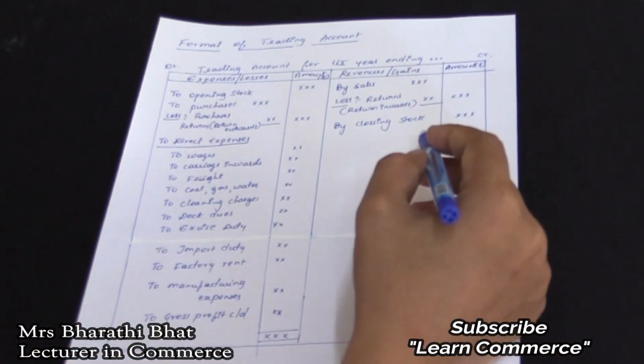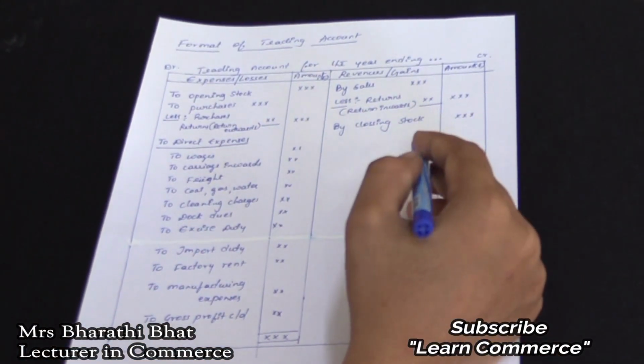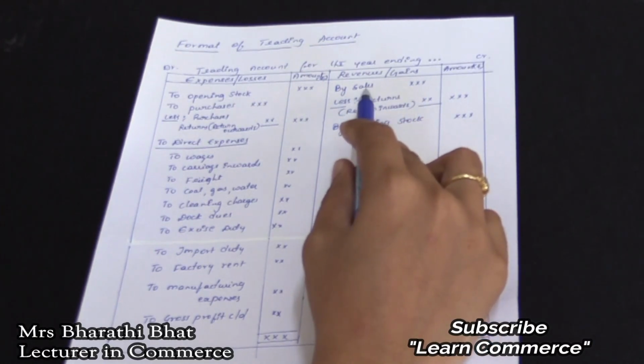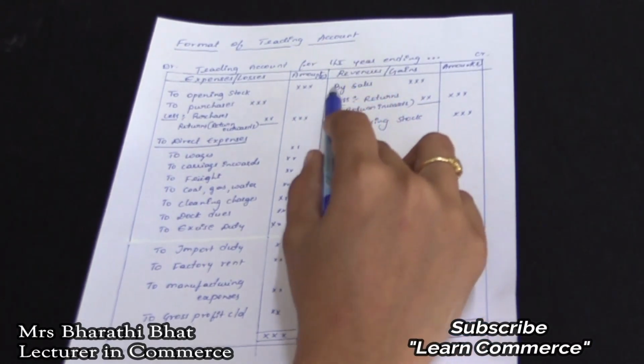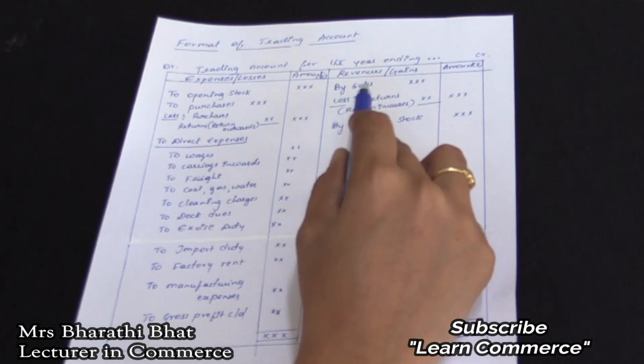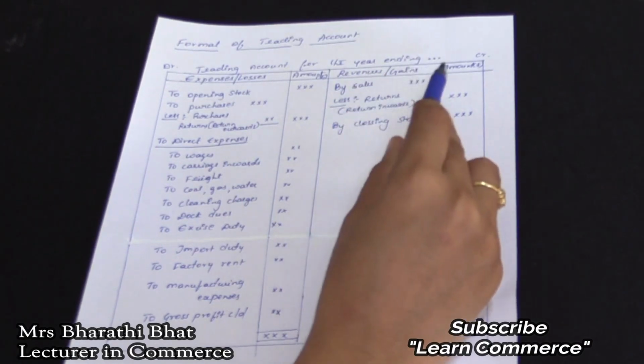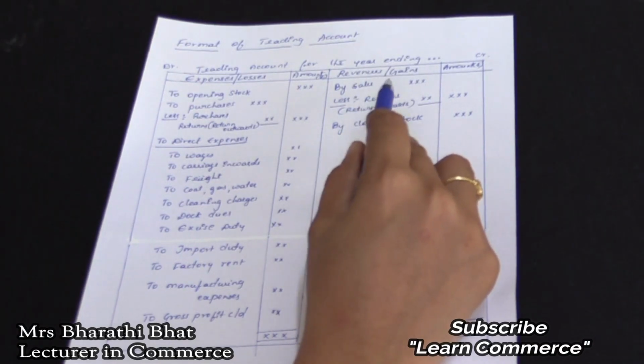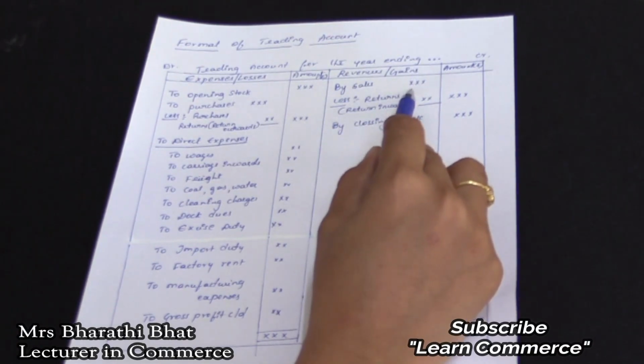Coming to the credit side, revenues or gains, there are only three items. The first one is sales. We must use the prefix "By" when recording credit aspects, that is, revenues or gains. Sales, amount in the inner column.